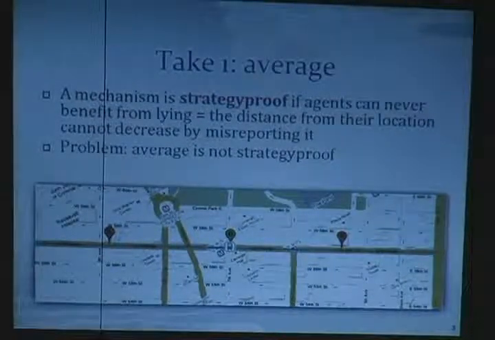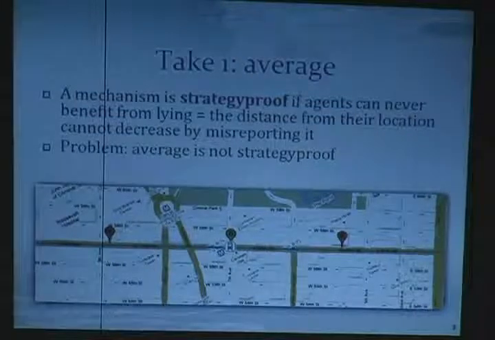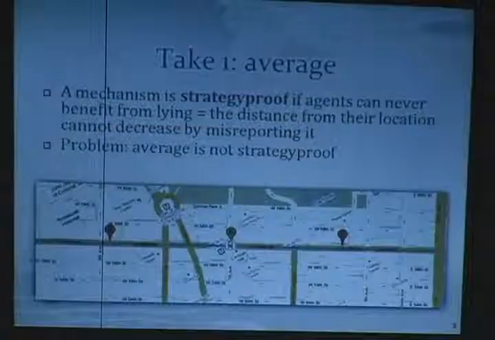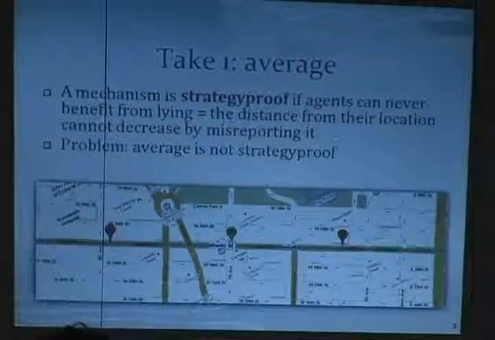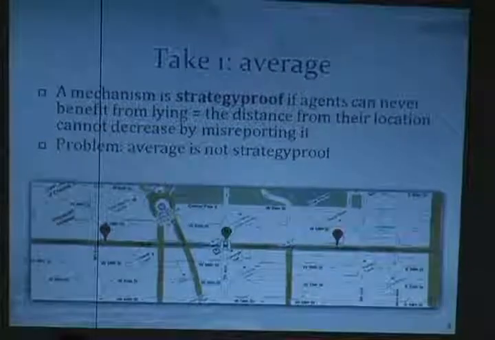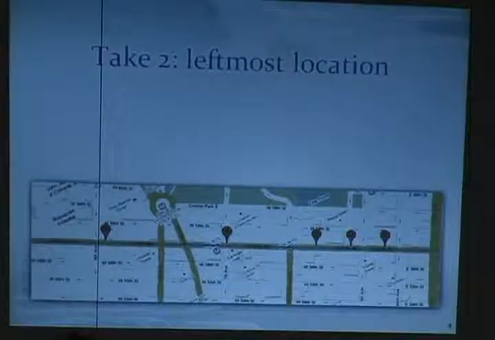So B definitely gained from this lie. Now his cost is 0. The facility is now exactly on his original location. So this simple mechanism, the average, the midpoint, is not strategy-proof. So let's take another example, the leftmost location mechanism.